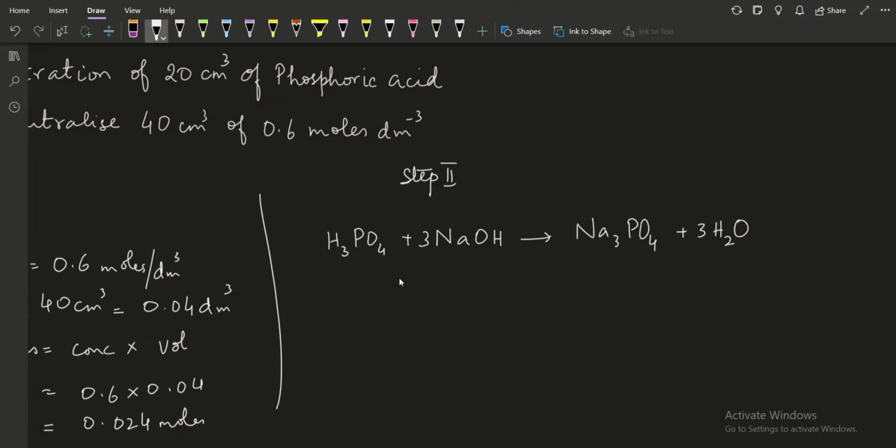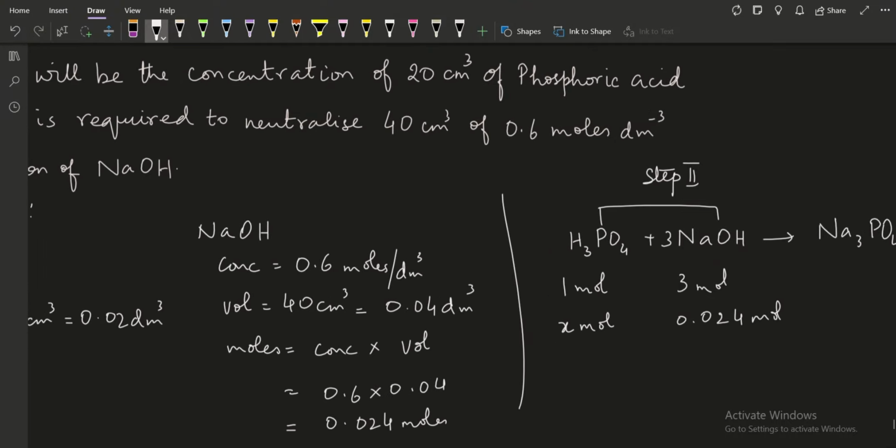The equation gets balanced, and now we have to see the mole ratio between phosphoric acid and sodium hydroxide: 1 mole of phosphoric acid reacts with 3 moles of sodium hydroxide. So how many moles of phosphoric acid will react with 0.024 moles of sodium hydroxide?